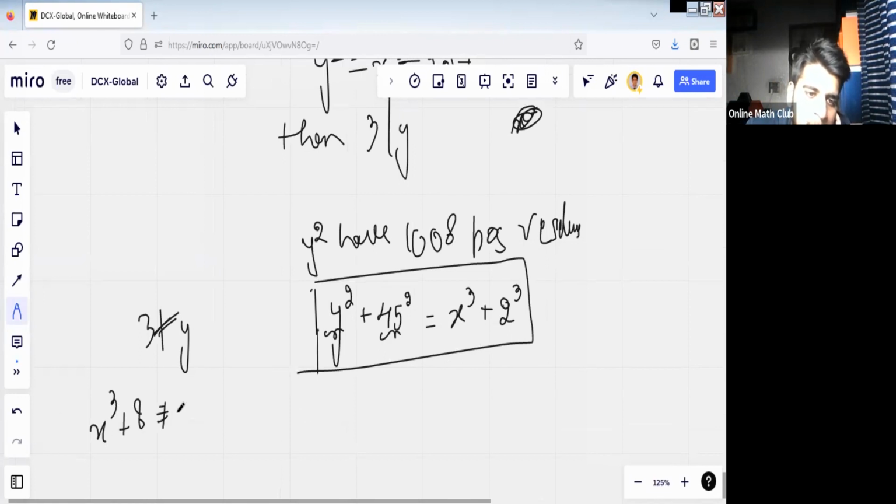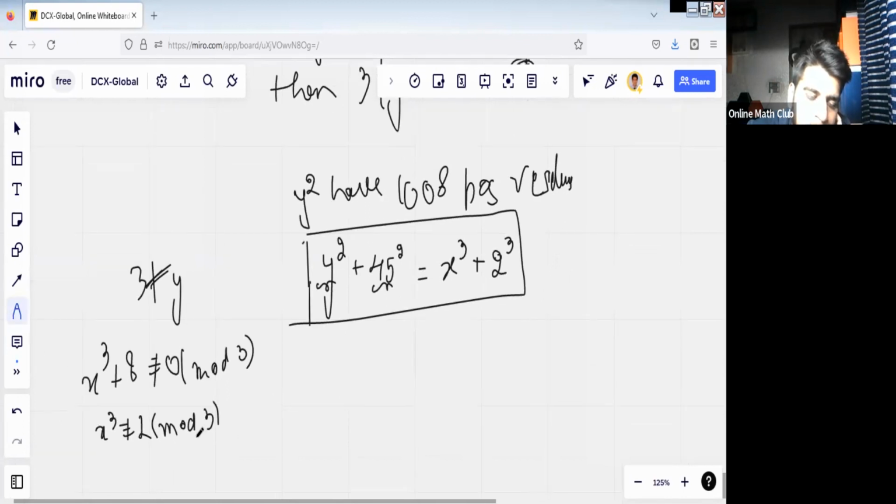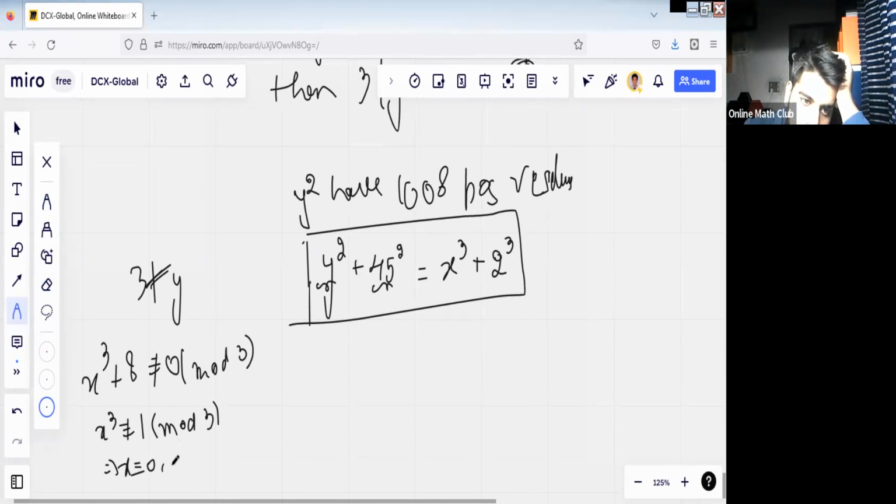Okay, then this means x cube plus 8 is not 0 mod 3, which means x cube is not 2 mod 3, 1 mod 3, which means x is 0 or 2 mod 3, right?